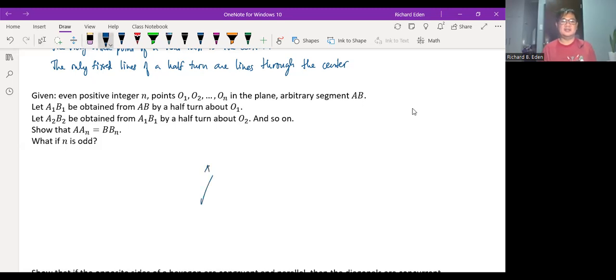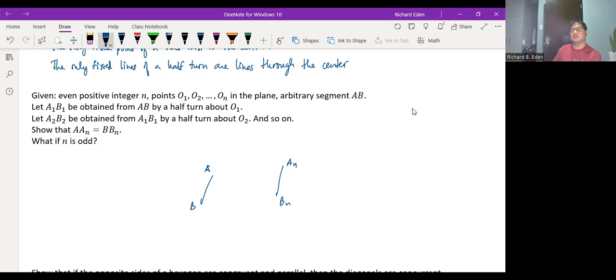All right. Okay, they're saying A sub n, B sub n is just simply a translation of AB. And then how do you figure that? How do we conclude A sub n, B sub n is a translation? Because n is an even positive integer po.